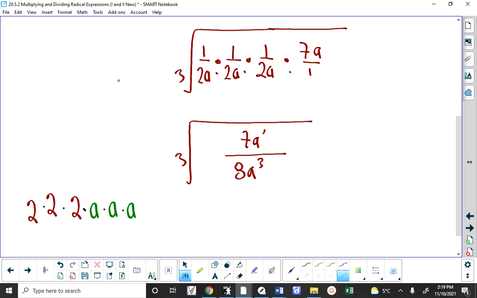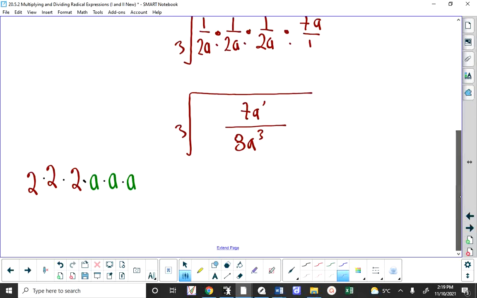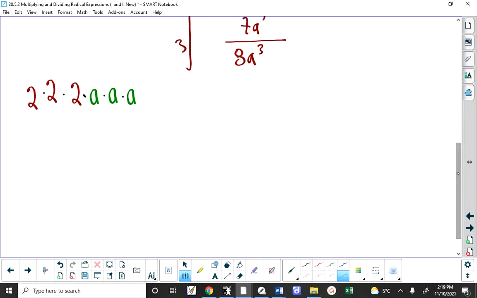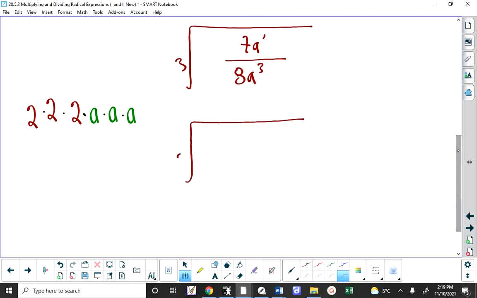The result will be the same. But what I'm saying is that underneath the cube root sign, I have 7a, and then I have 8, and then I have a cubed. So I'm just going to cancel one of those a's, and I'm going to get 7 over 8a squared.